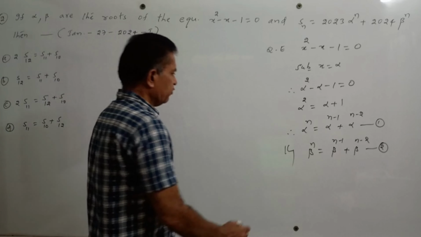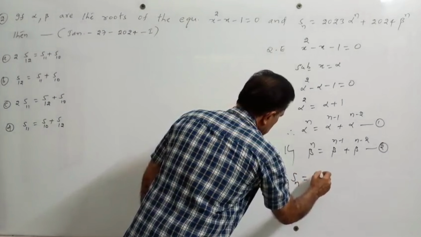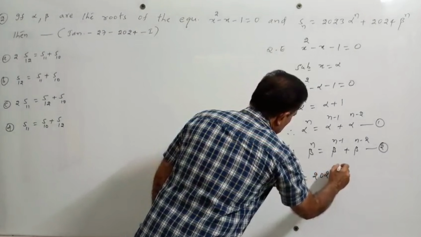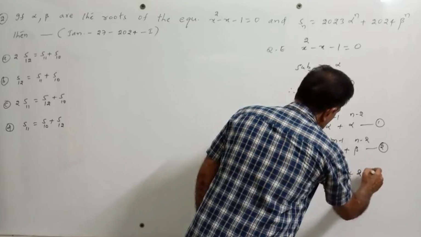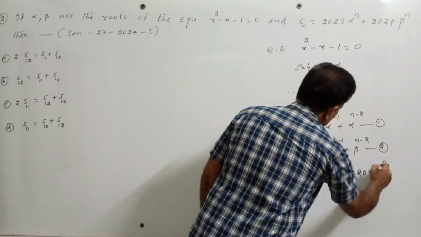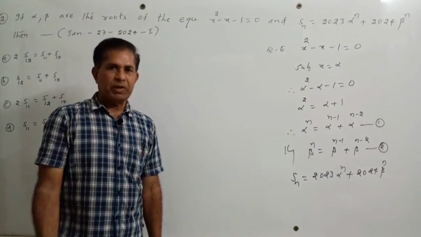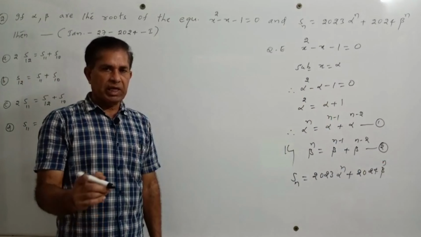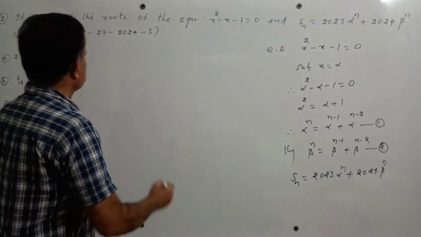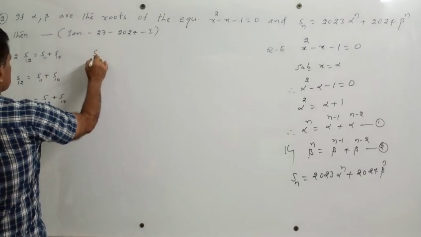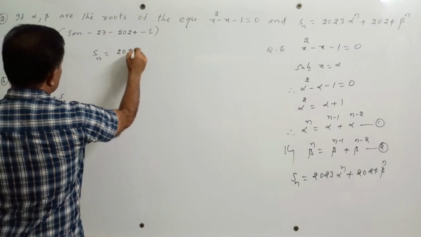So what he had given as Sn there? There Sn he had given 2023 alpha to the power of n plus 2024 beta to the power of n. I want to express Sn in terms of Sn minus 1 and Sn minus 2. Let us write Sn is equal to 2023 written same.